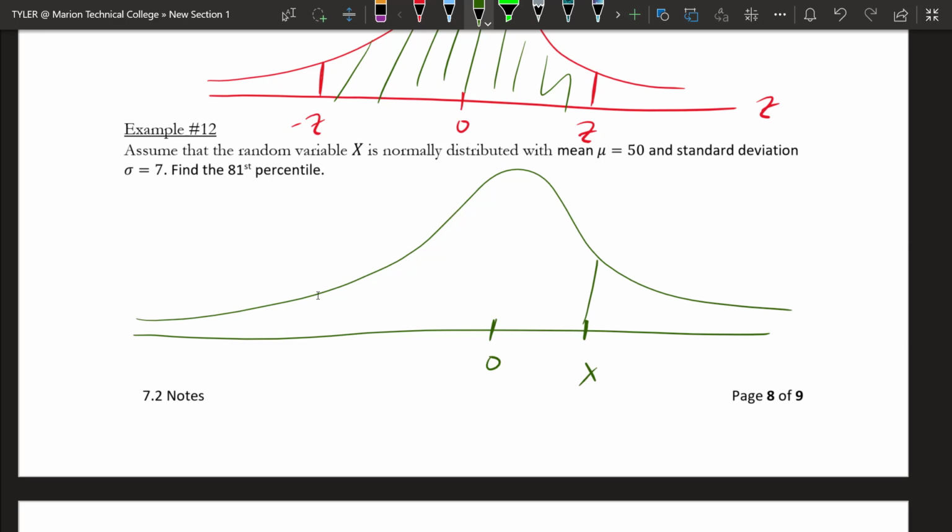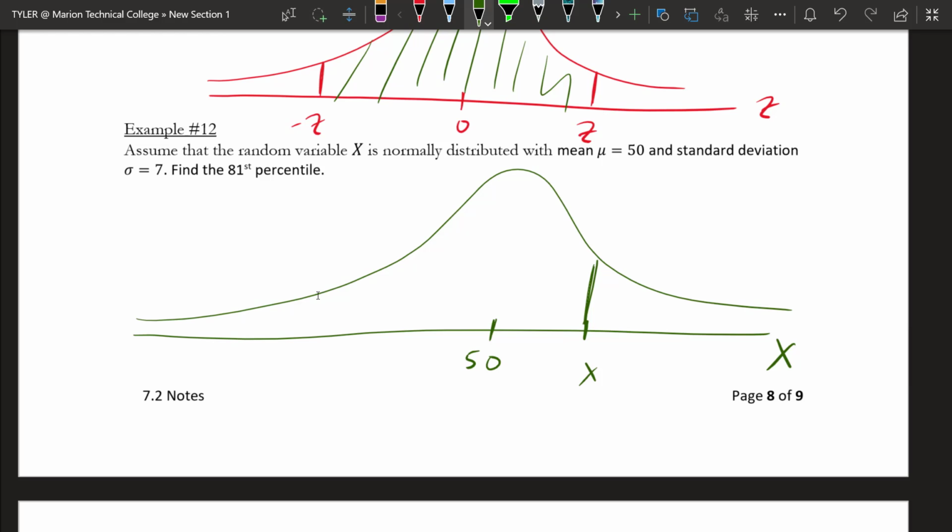I'll put 50 in the center, and I'll leave this as the x-axis.